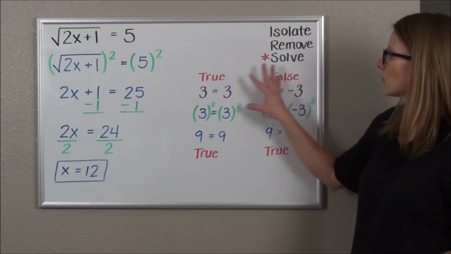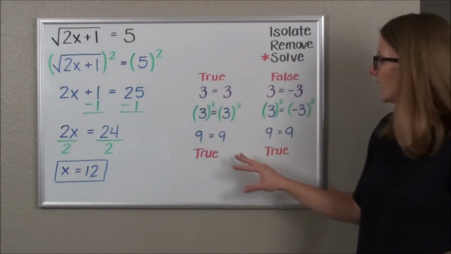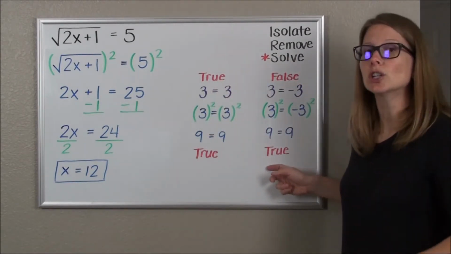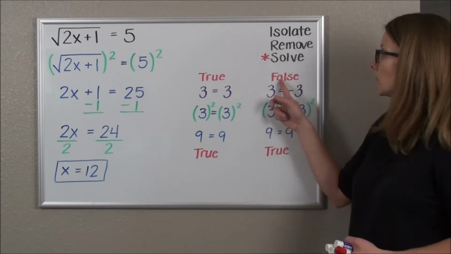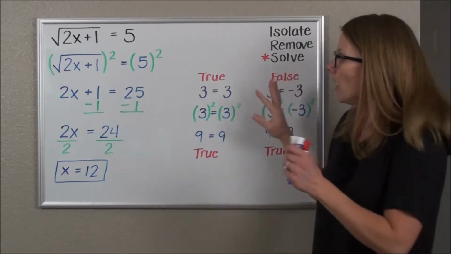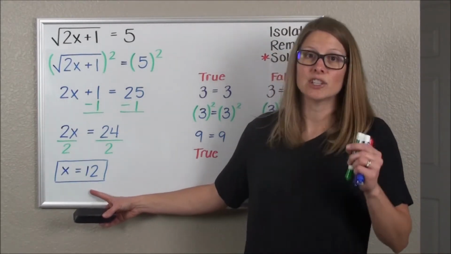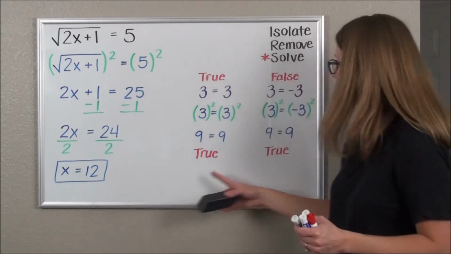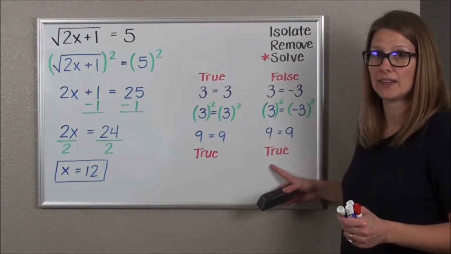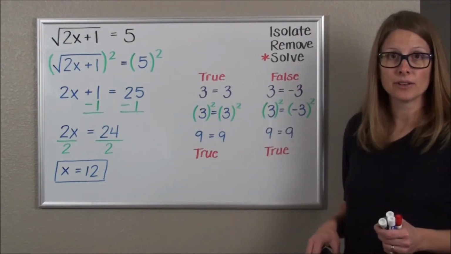And so I have to be really careful when I square both sides that I didn't get something that looked like a true statement when it really should not have been. So all that really means to say is that when you solve, you have to check your answer, because things may look good at the end, but maybe it was false to begin with.